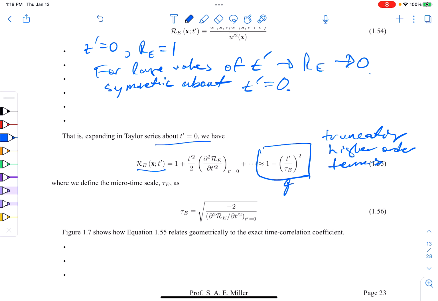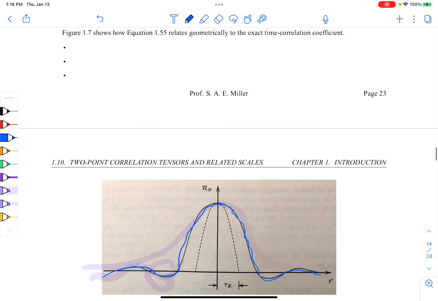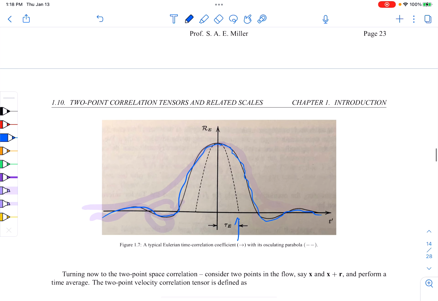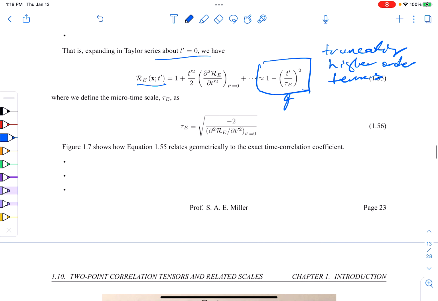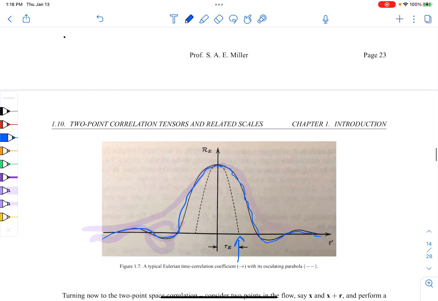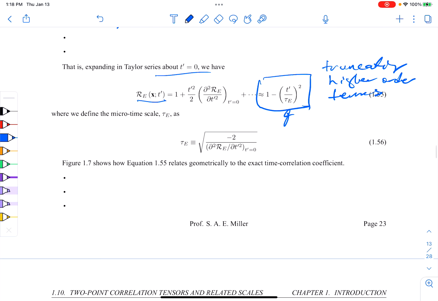So that looks like some parabola, and that's what's plotted as the dashed line here in figure 1.7. And it intersects the x-axis at some t prime here and here. So this distance from the y-axis to this location is tau e. And that's what we call the microscale, tau e.